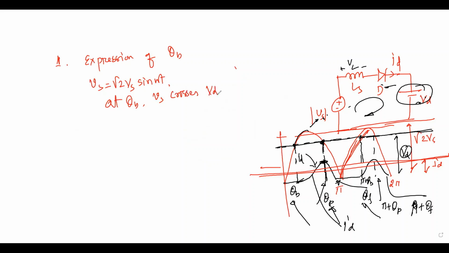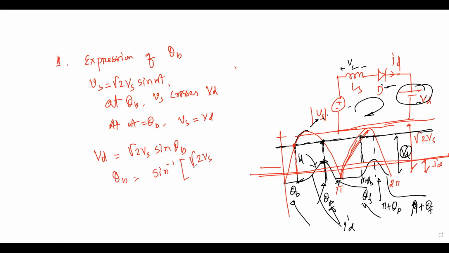Can anyone tell me how we can find theta b? Okay, at omega t equal to theta b, Vs equals Vd. So we put root 2 Vs sine of theta b. Theta b will then be sine inverse of Vd by root 2 Vs, right?